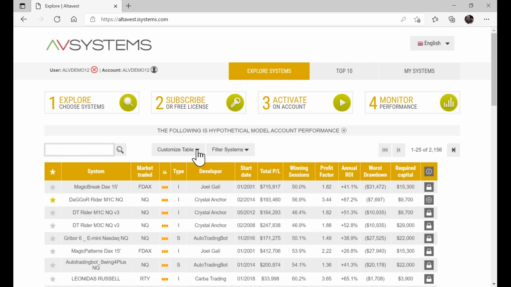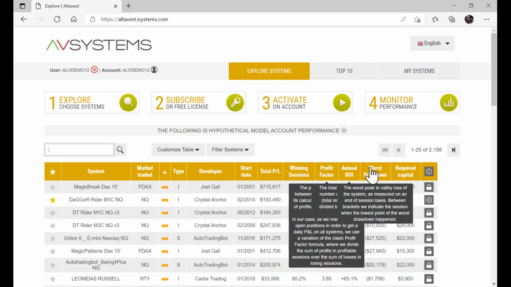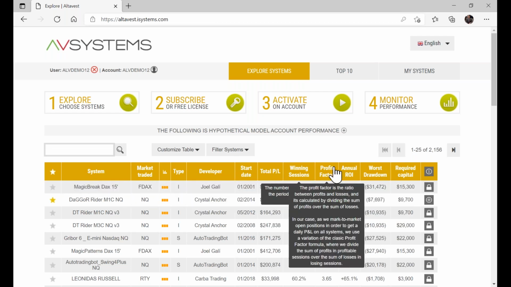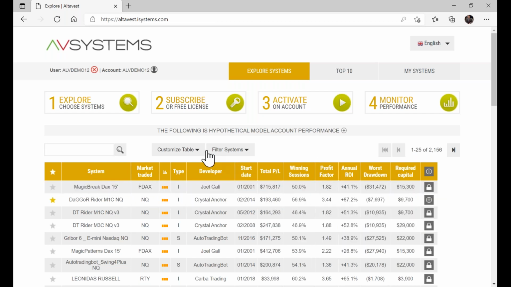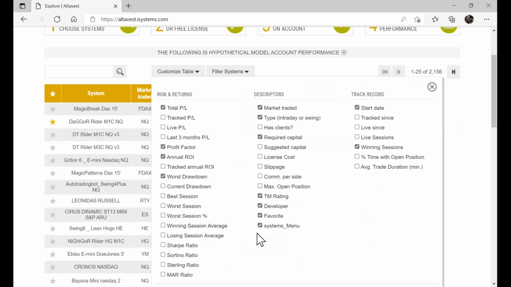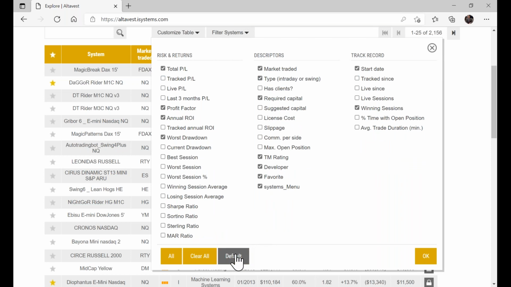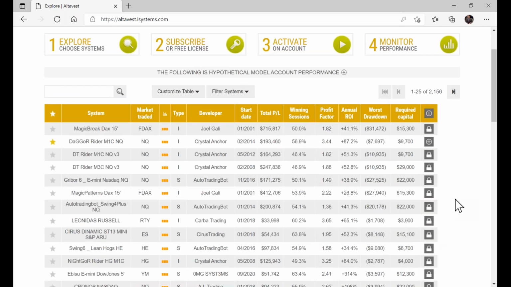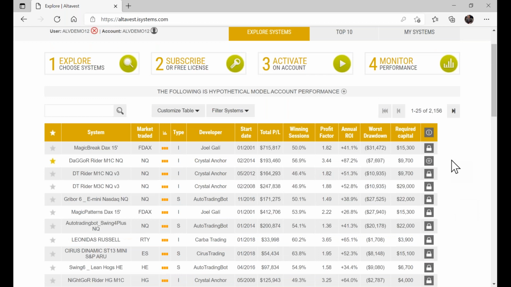So anyway, you can type in this field, but really the best way to do that, and let me show you first before I jump into that, you can customize this table here using this functionality so the table reflects any of these criteria that you would like, and I'm not going to go through that. We'll just use the default, but just so you know, you can have that table reflect anything that you want. You can also sort by ascending or descending order here.